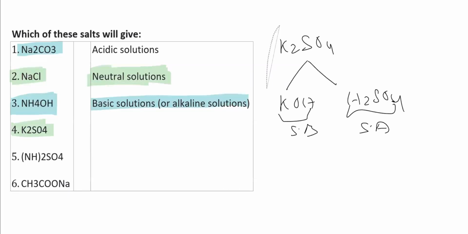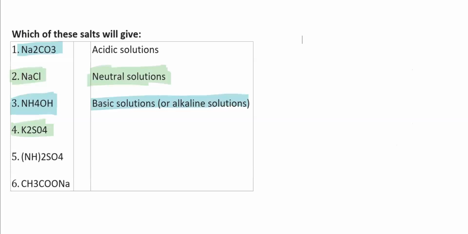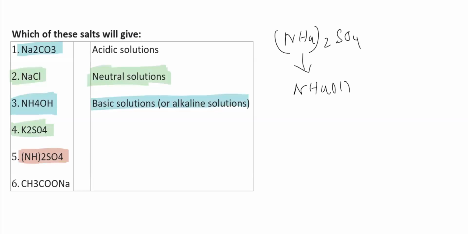Coming to the next one, it's (NH4)2SO4. This comes from a weak base, that is NH4OH, and the parent acid here is H2SO4.